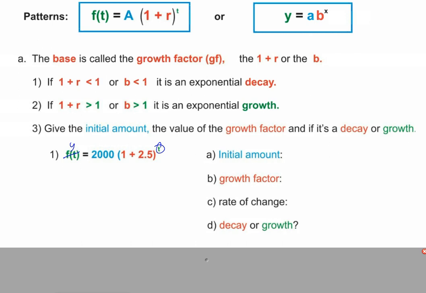And so because you have an exponential function, you should easily be able to tell the initial amount, and it is 2,000. We wrote this Friday. If you need to write it again, remember the initial amount is the a value, the multiplier.